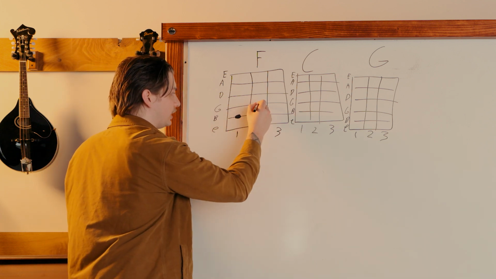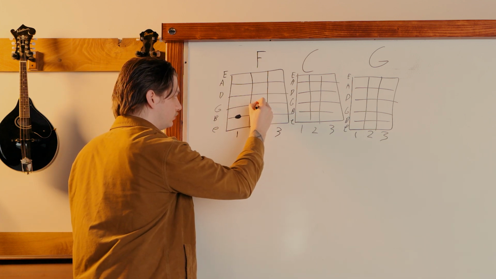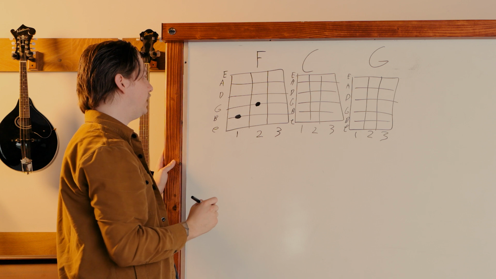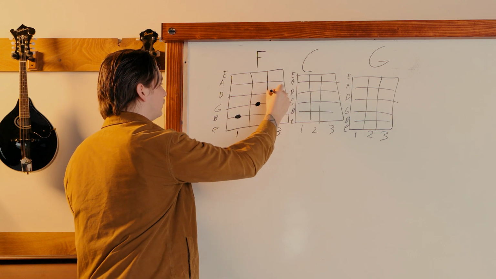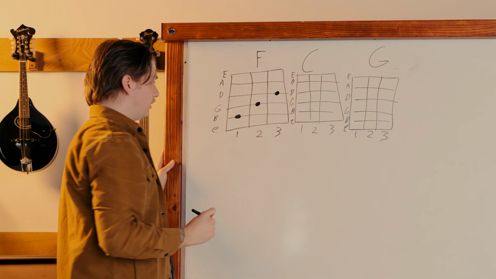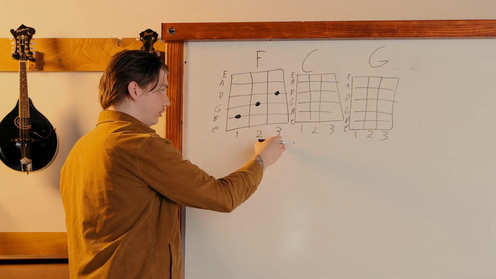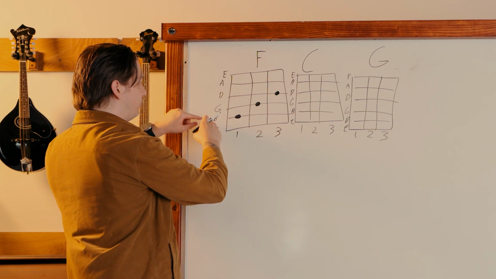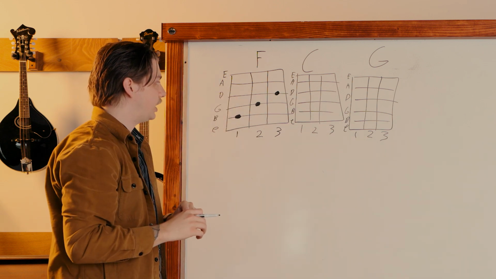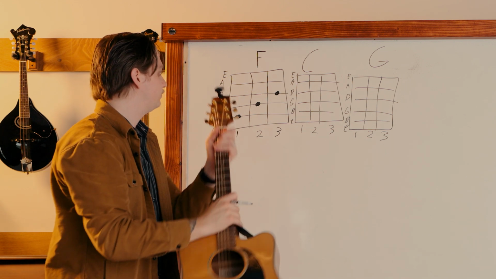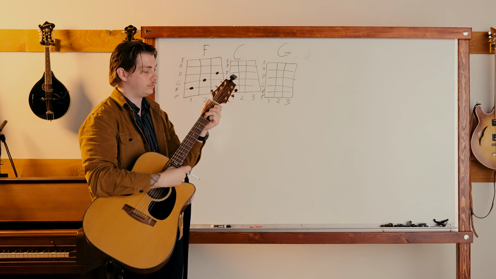So watch. Then I'm going to go like this. Here's a G, and then here's a D. Okay? So there's the 1st fret, 2nd fret, 3rd fret of these 3 strings that are right here. Okay? So watch. That now looks like this.